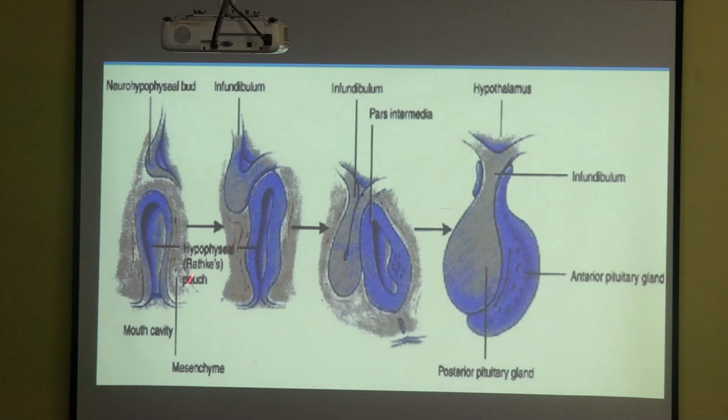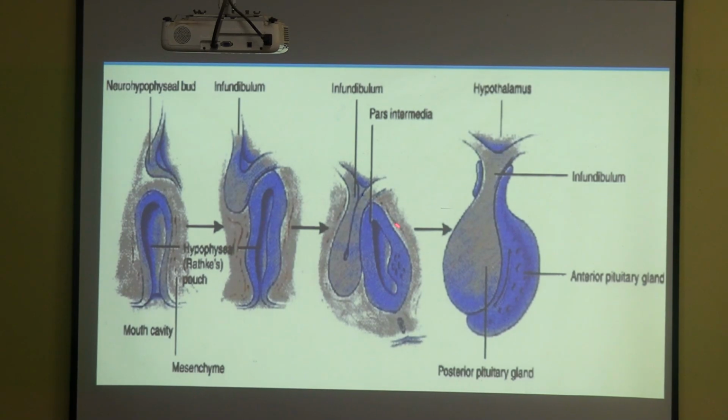This is how the formation of Rathke's pouch takes place. Once the pouch formation takes place, it separates from the surface ectoderm of the oral cavity. You can see in the third picture, this is the surface ectoderm of the oral cavity and the Rathke's pouch has separated from that lining. Once the separation takes place, the Rathke's pouch has three important structures.